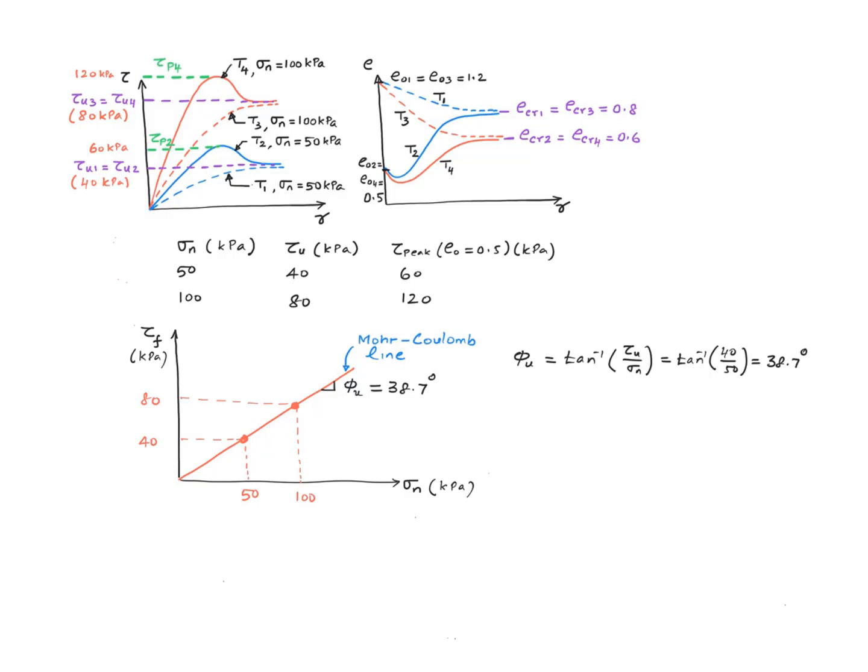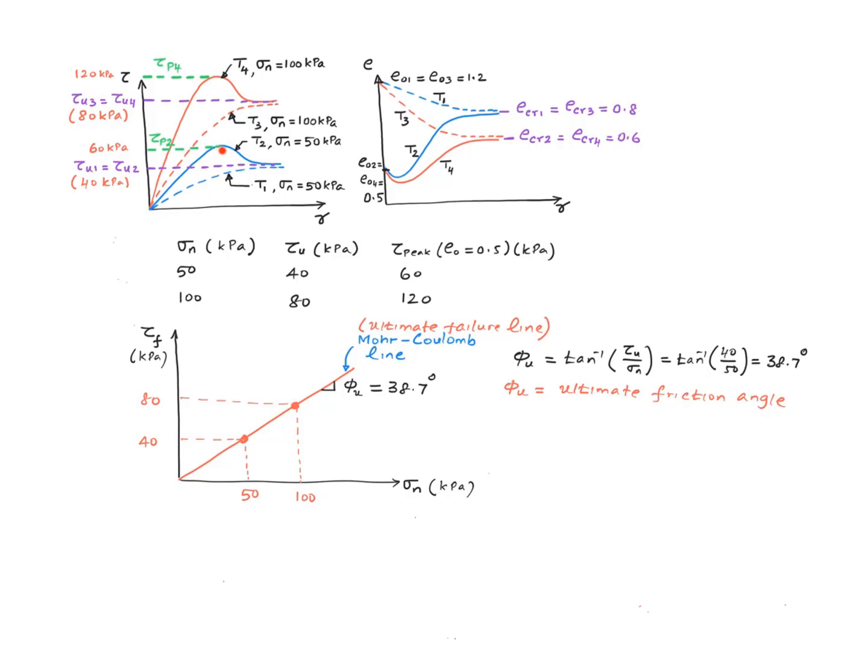But in this case, they do, and I get a friction angle of 38.7 degrees. We call this friction angle the ultimate friction angle and the failure line the ultimate failure line because the failure line was constructed using the ultimate failure stresses. These ultimate failure stresses are also called the ultimate shear strengths.